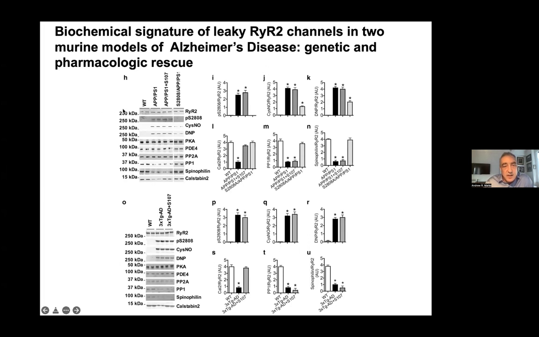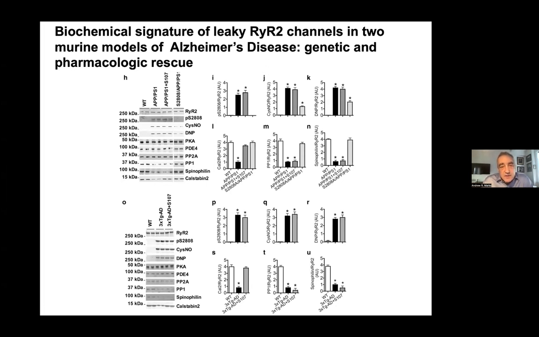When we treated the animals with the Rycal S107, we could restore the binding of calstabin. And we know from many studies in the laboratory that this fixes the leak in the channel. And this occurred in both murine models of Alzheimer's disease.